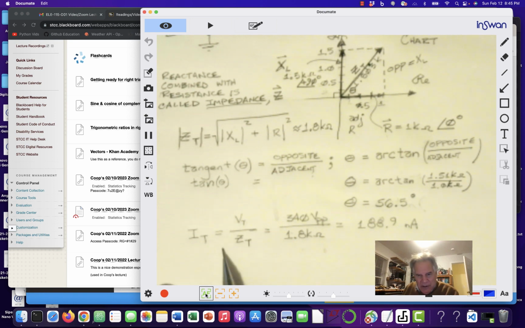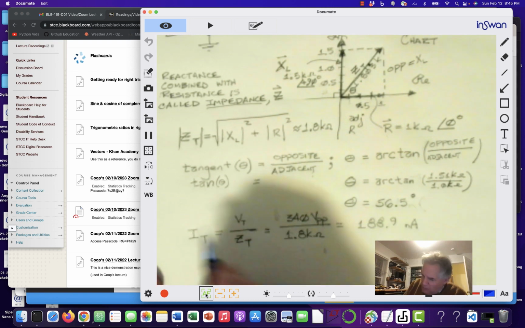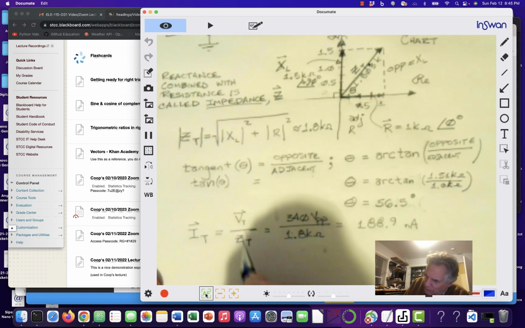And so that's a pretty interesting thing. It just means that the current flowing through here is 188.9 milliamperes, because I still got Ohm's law. It's still true, but these are now vectors. Okay.